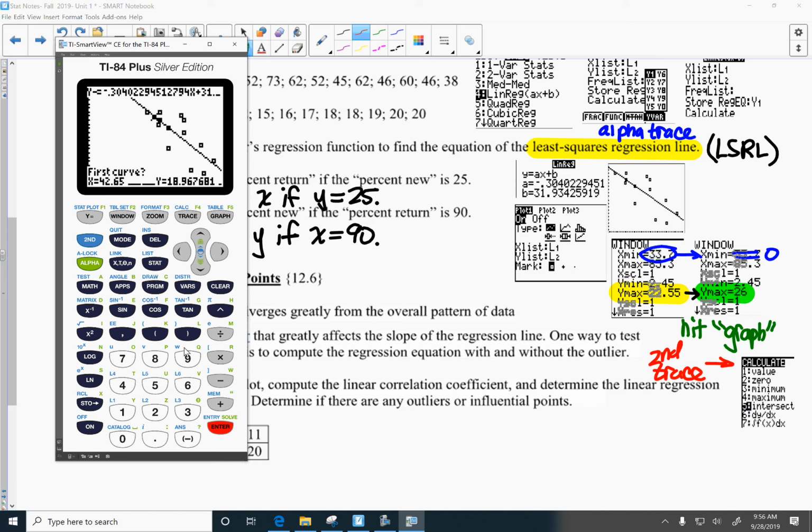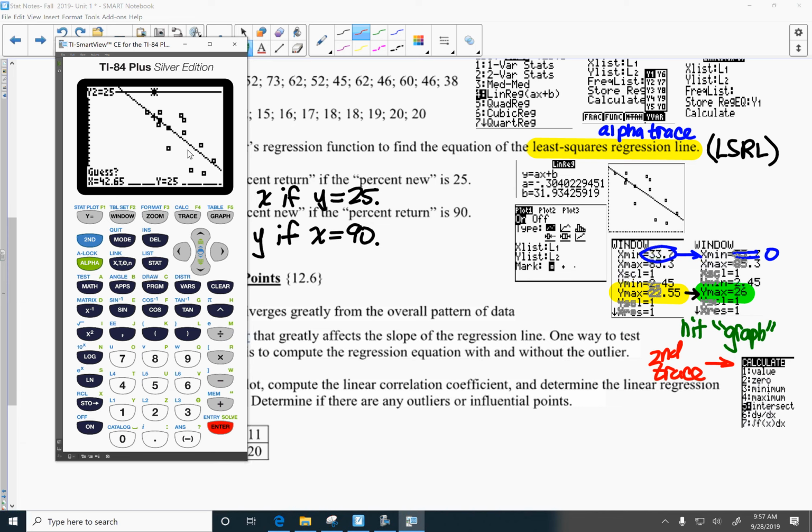If you're looking at an intersection between just two functions, all you have to do is just hit enter 3 times. So hit enter, it'll ask for the second curve, at which point the blinking cursor will move to the second curve. So hit enter again, and then since there's only one intersection, the guess is irrelevant.